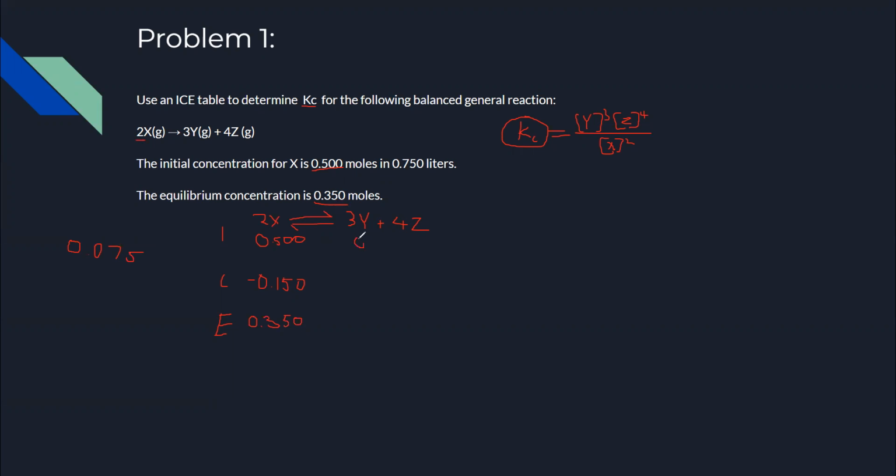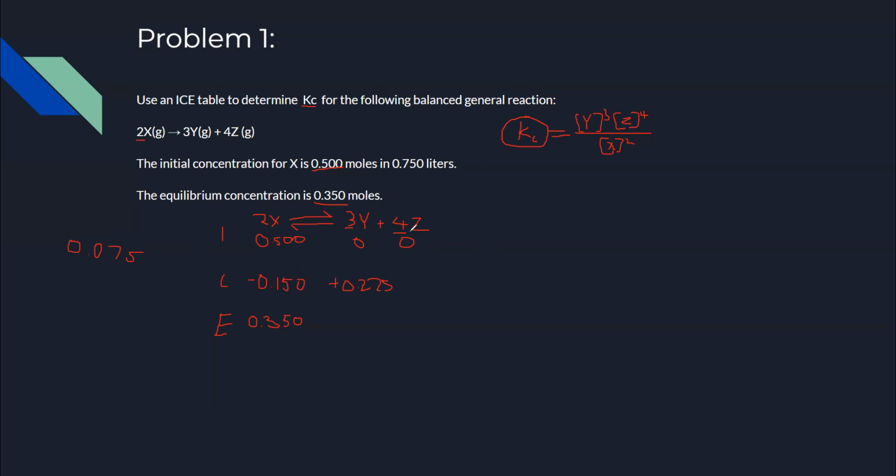So there's 0 y and 0 z during the beginning, and this is for the initial. So initial is basically the beginning. And then you have to add. As there's a 3 coefficient and a 4 coefficient, you have to multiply 0.075 times 3, which would be 0.225, so plus 0.225.